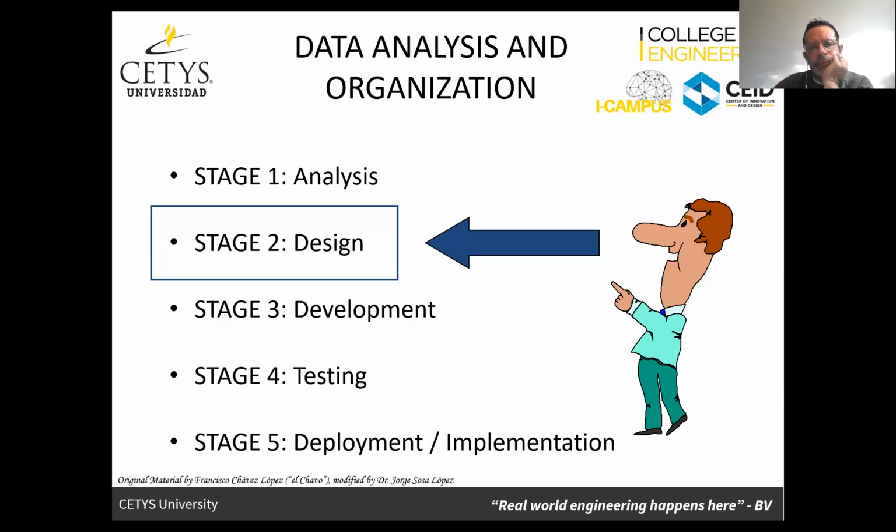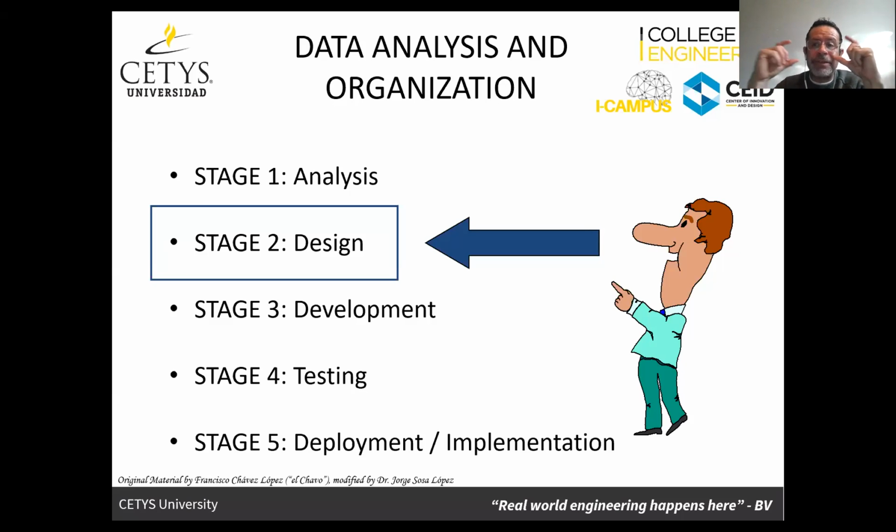So we had mentioned the stages that we're going to be working with in the development of a database system or an information system. And we'd already talked about the analysis stage. In the analysis stage, we want to gather information from primary or secondary sources for us to be able to understand the system, the process, or the problem.